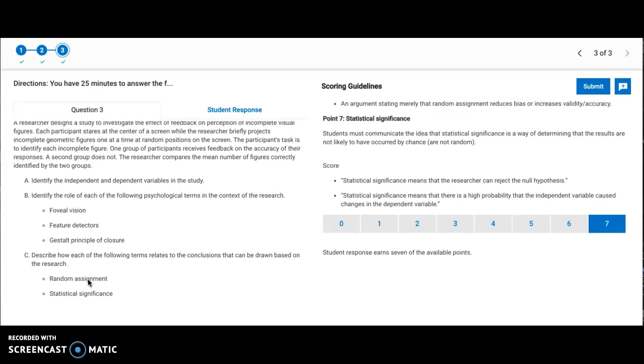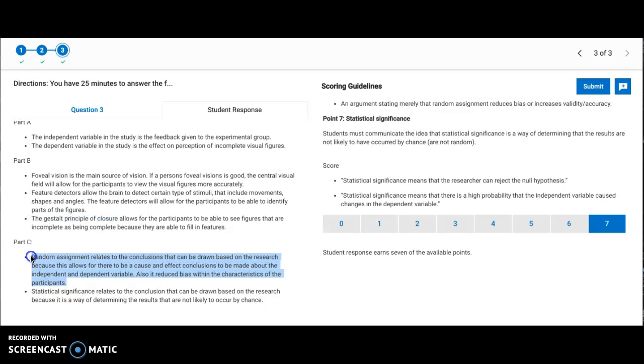So if we're randomly assigning participants to groups, we reduce the effects of bias in terms of gender, race, age, and other factors that could influence the outcome of the study. We can reduce the bias effects of having, for example, more men than women in one group. We don't want that. We want to make sure we have a randomly distributed experimental group and control group.